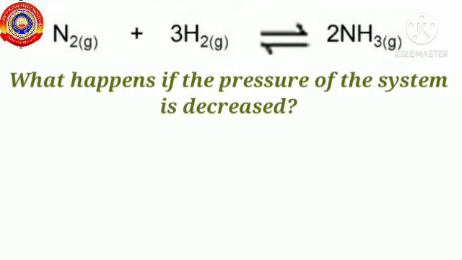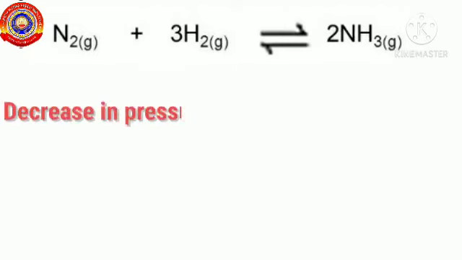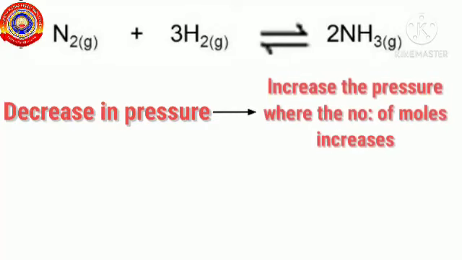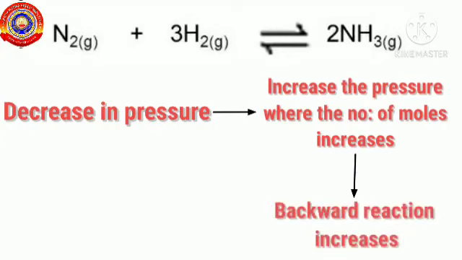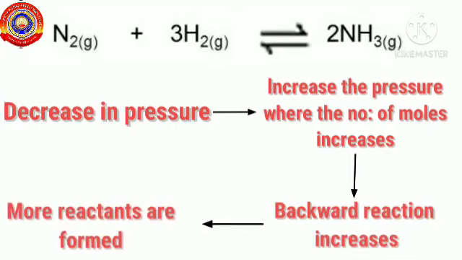What happens if the pressure of the system is decreased? If the pressure decreases, what will the system do? As the pressure decreases, the system will try to increase the pressure where the number of moles increases. Hence, the rate of backward reaction increases and more reactants are formed.